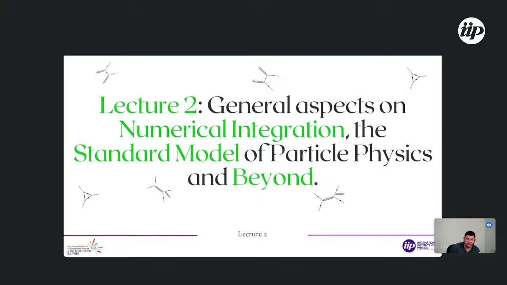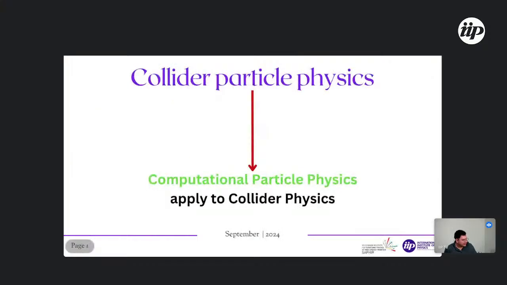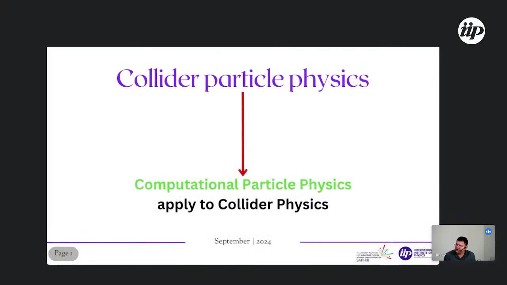As is usual in collider lectures, it is necessary to understand from a theoretical point of view the standard model of particle physics and beyond the standard model. As I said in lecture 1, my work is related to computational physics, but in this case we apply computational particle physics techniques to collider physics.